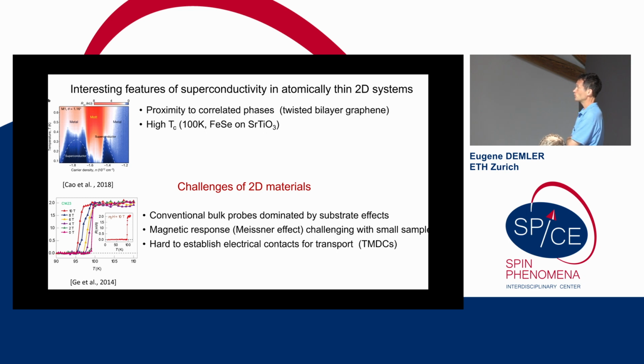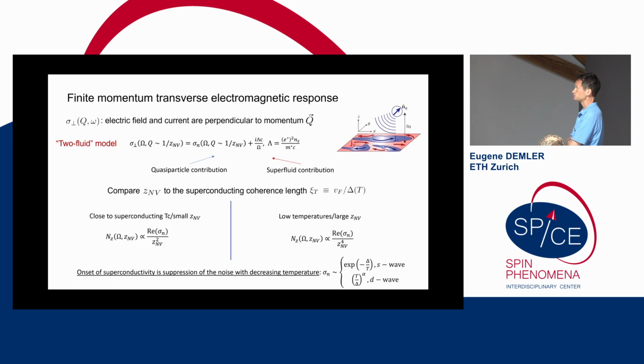Bulk probes that we're used to for regular superconductors are very hard because we have substrates. Meissner effect is also difficult to measure in small samples. And in some cases, such as transition metal dichalcogenides, there is a big problem of even making electrical contact. So in the case of these materials, we're lacking even direct transport measurements.